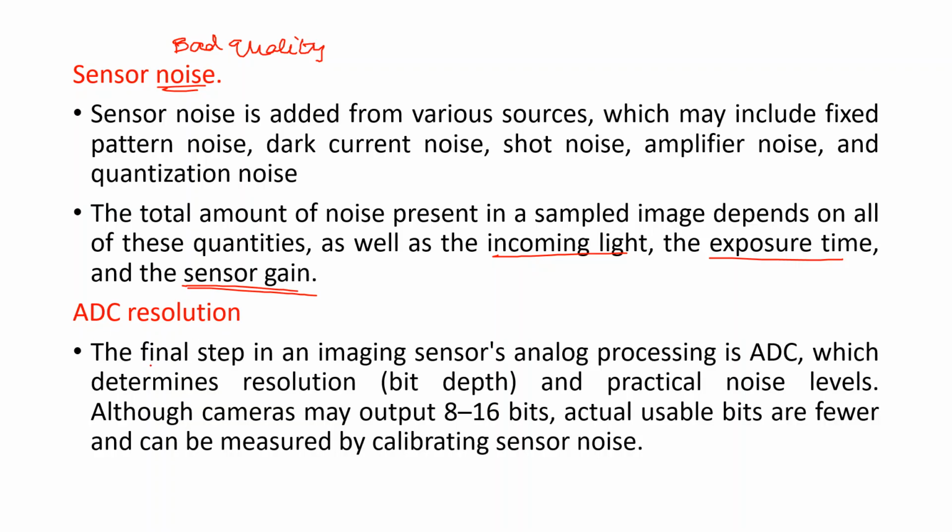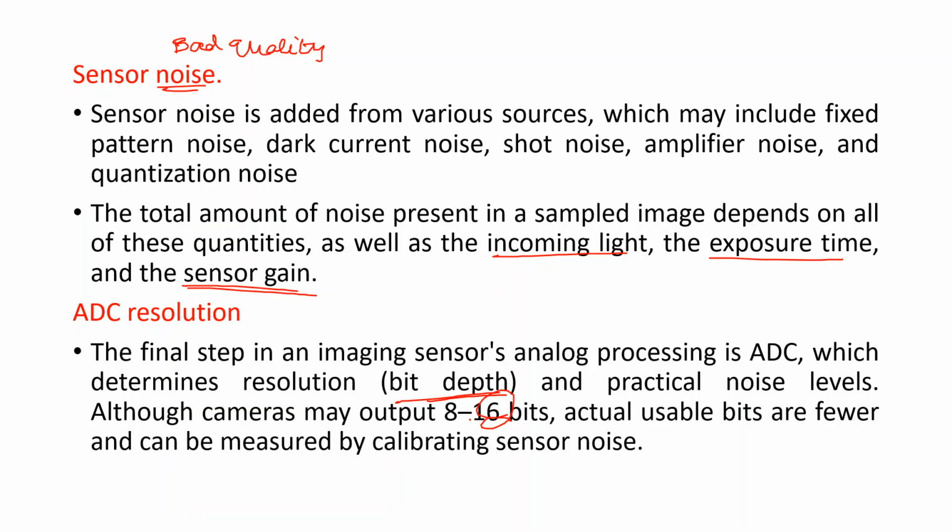ADC resolution. The final step in image sensors' analog-digital processing is the ADC, which determines the resolution in bit depth. We measure the voltage from the sensors only in bits. So 8 bit means 256 levels, 10 bit means 1024 levels, 16 bit means 65,536 levels. All cameras usually may have 16 bits, but all the bits are not useful all the time.